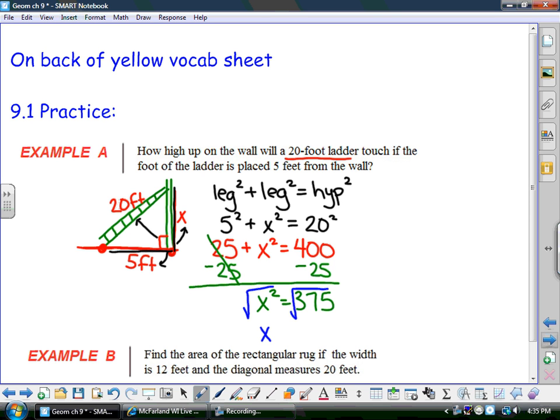The square root of 375 is not a very nice number. It's a decimal, so I'm going to put a squiggly equals to say that it's approximately equal to 19.4 when you round. All of our answers need labels, and since the units in this question were feet, we'll put feet on our answer. The ladder would reach 19.4 feet up the side of the wall.